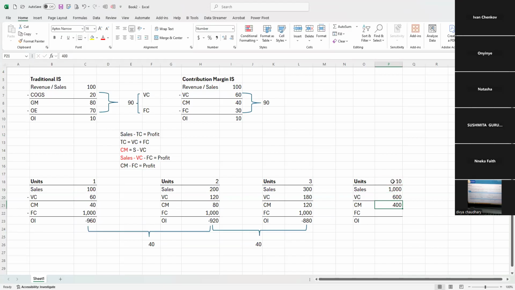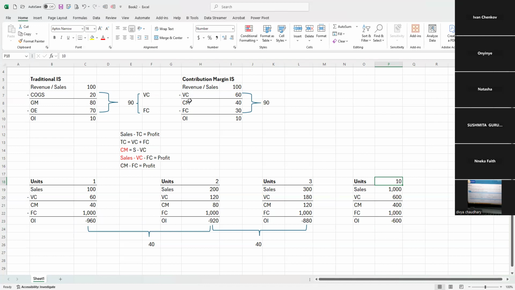How much is my contribution margin? 400. Is that proof that we're correct? Yes. Fixed cost is going to stay the same. What's going to happen with our operating income? It increases, right? By how much, compared to the very first scenario? By 400, because now we're selling 10 units.